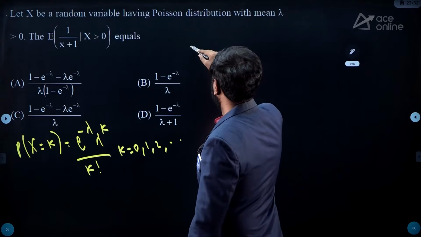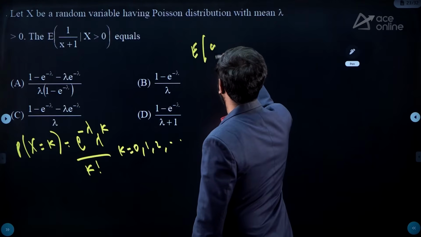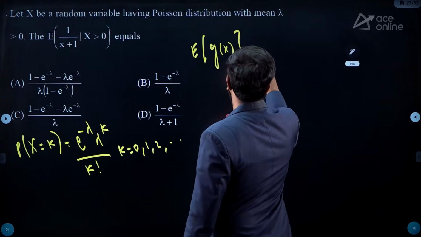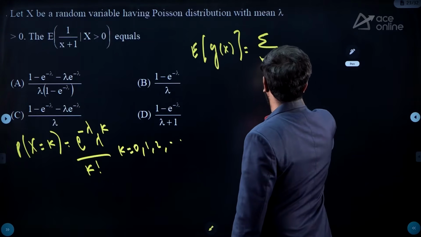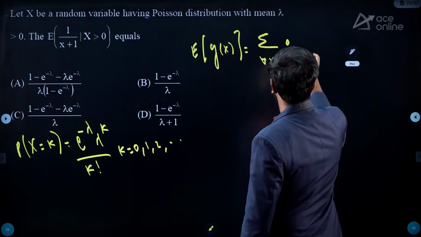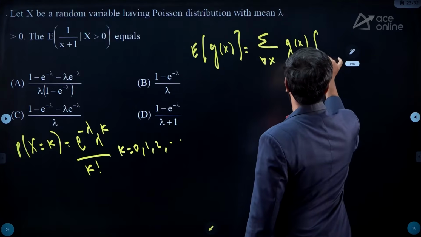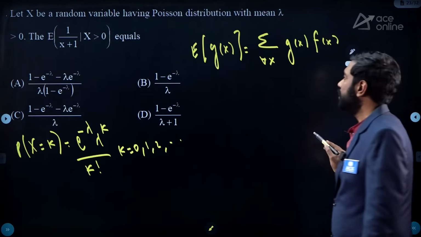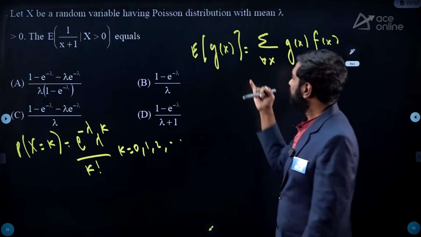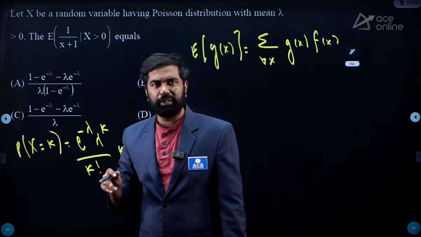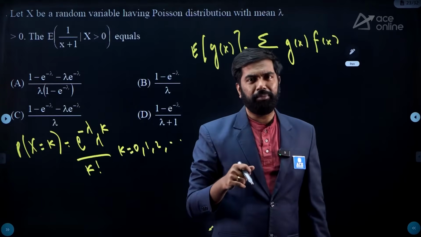Try to recollect what is the expected value of g of X. Expected value of g of X is summation over all the values of x, g of x into the probability mass function of x. So this is the expected value of a function of a random variable. Here in the place of g of x you have 1 by x plus 1, and also it's a conditional mean.